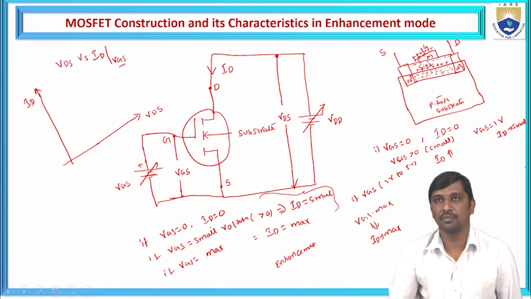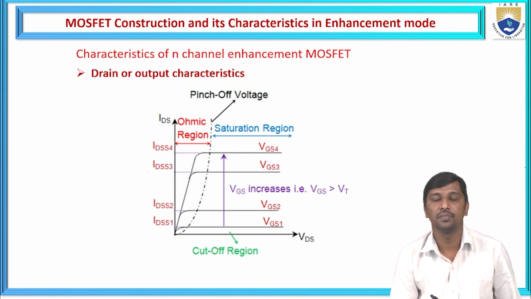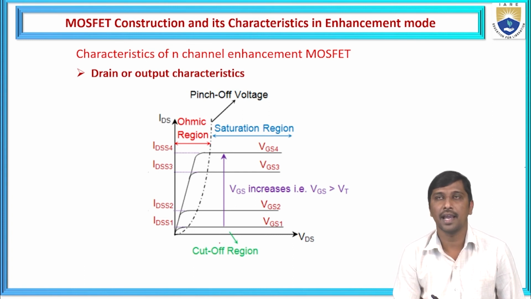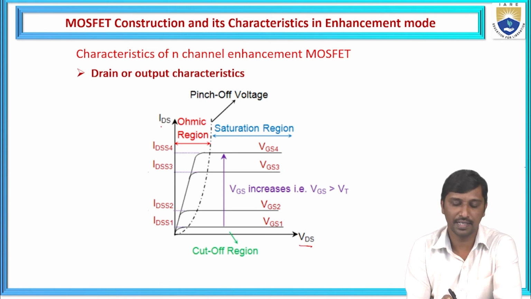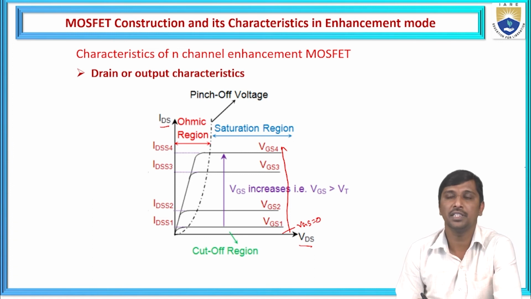Based on this observation, here I have shown some characteristics of the drain in enhancement mode. I have taken the x-axis as VDS and the y-axis as ID. We observe that VGS is increased from 0, and at this point I consider VGS as 0.